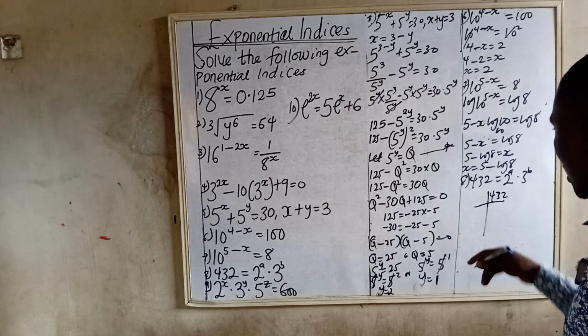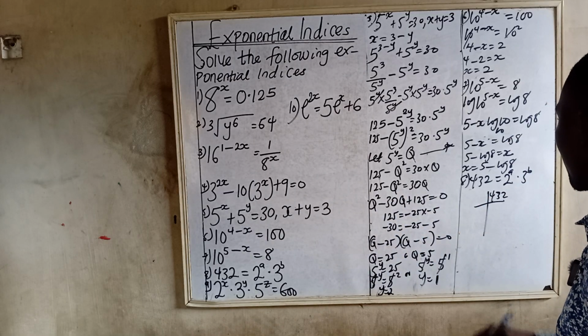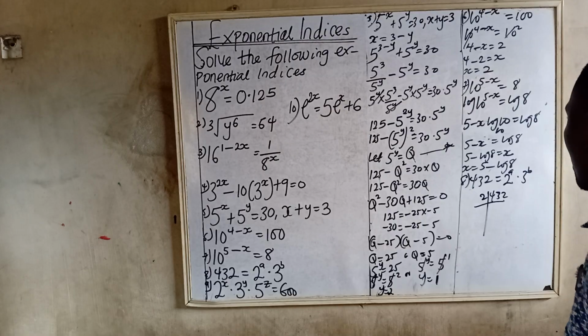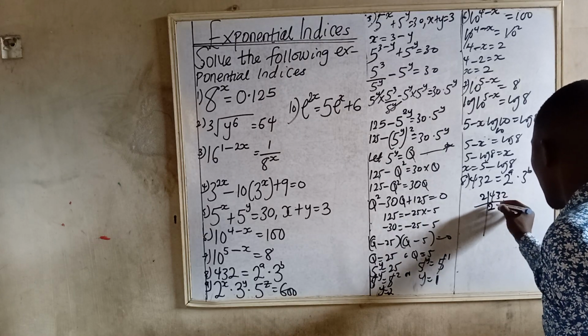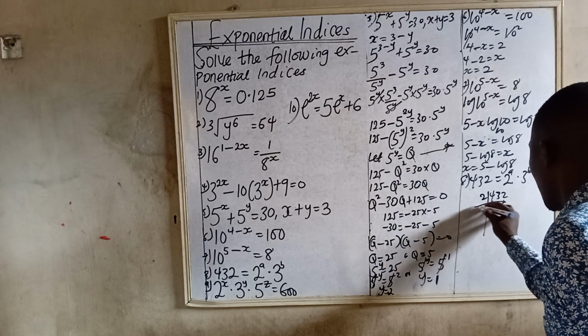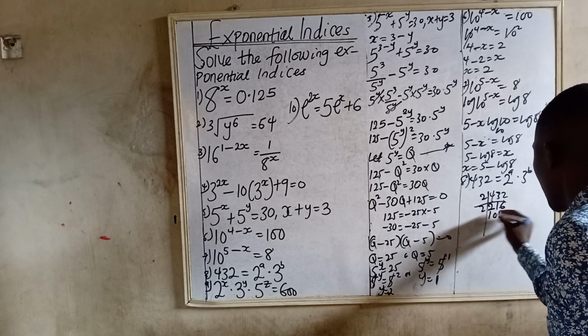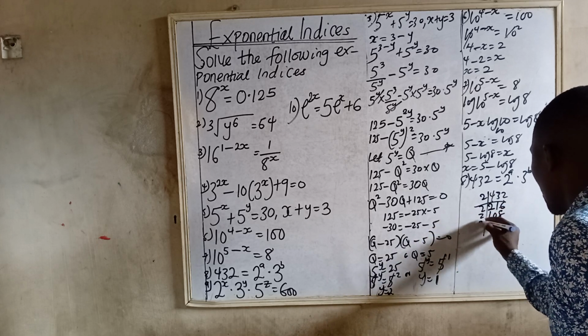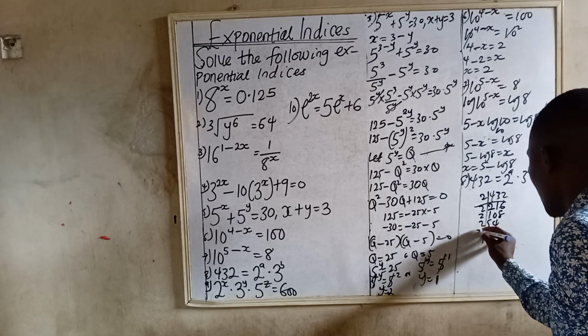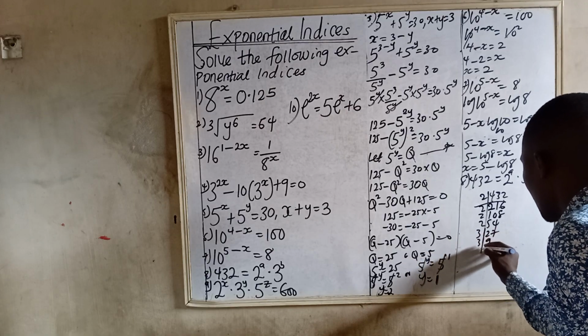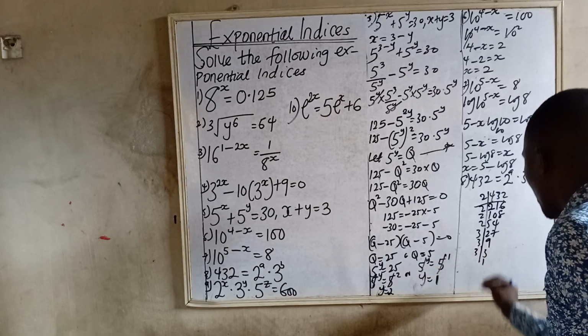Let's use the lowest prime number first to divide, so we can use 2. 2 in 4 we have 2. 2 in 32 we have 16. 2 in 216 we have 108. 2 in 108 we have 54. 2 in 54 we have 27. 3 in 27 we have 9. 3 in 9 we have 3. Then 3 in 3 we have 1.